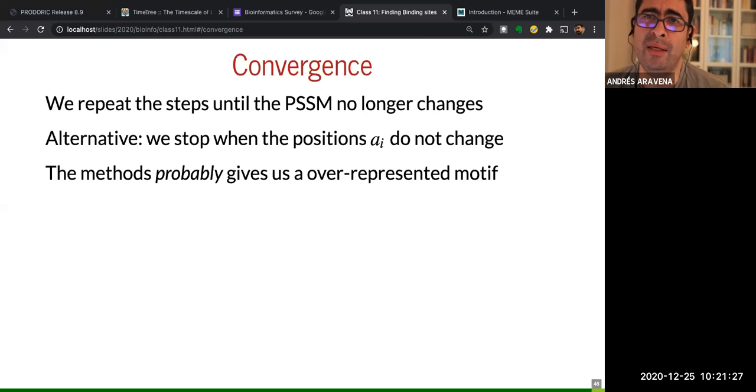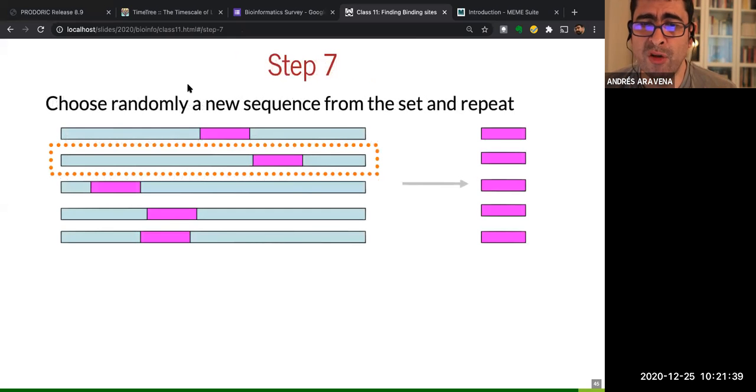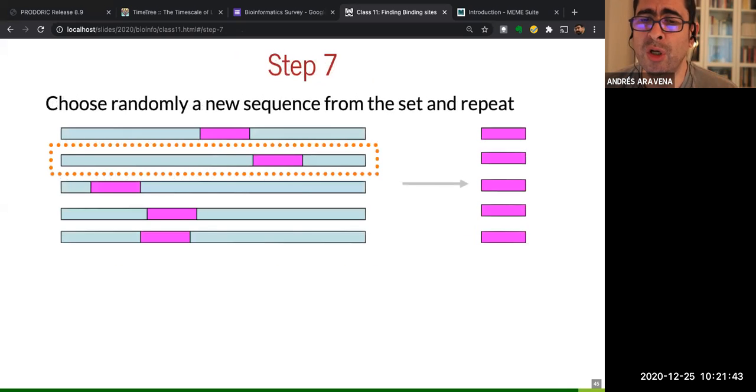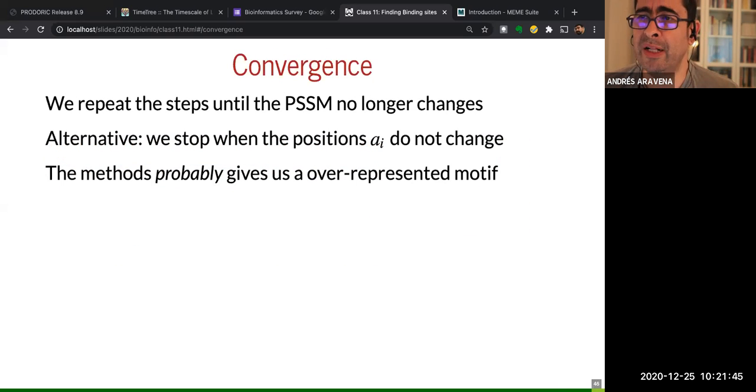Now, if you are lucky, you find something good. If you are not lucky, you get something not so good because there is a lot of randomness here. If you see the detail, we are choosing the sequence randomly and we are choosing the starting point randomly. So what people do is run it several times. The reason we do it randomly is that we don't want to be trapped in a bad decision.